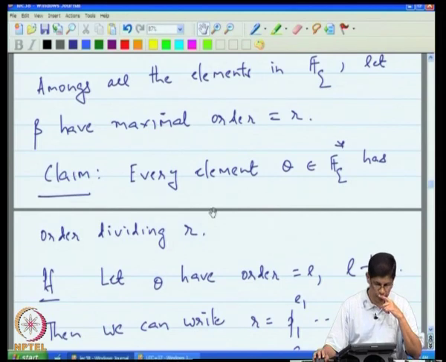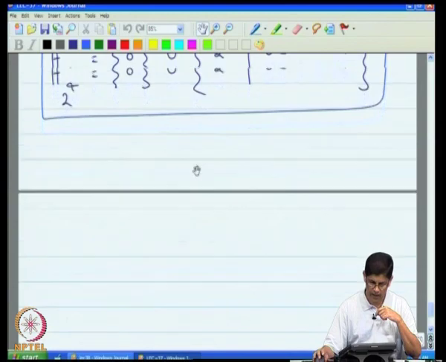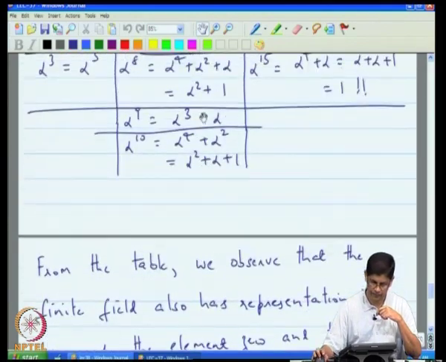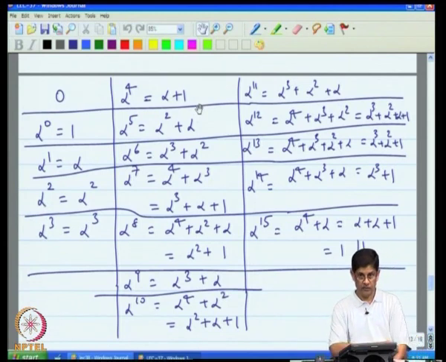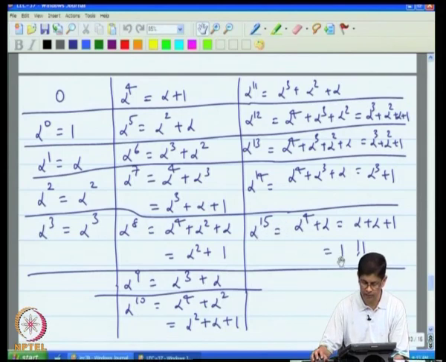For example, if we go back to our lecture of last time, here are the 16 elements of the finite field of size 16. You notice here that alpha to the 15 is 1. So, alpha has order 15. It turns out that the largest possible order in this finite field is 15.